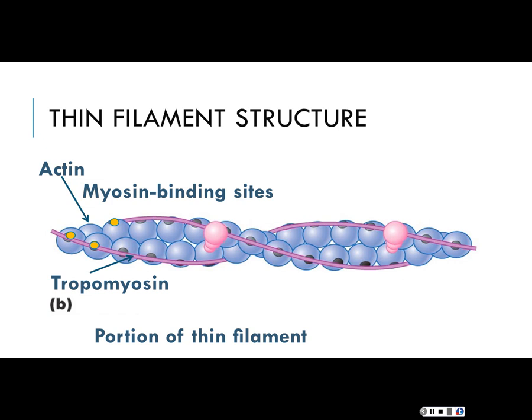The something that can move it out of the way is troponin. Very good. The third protein of the thin filament is troponin. You'll notice it says it's a complex. It actually has three little subunits.